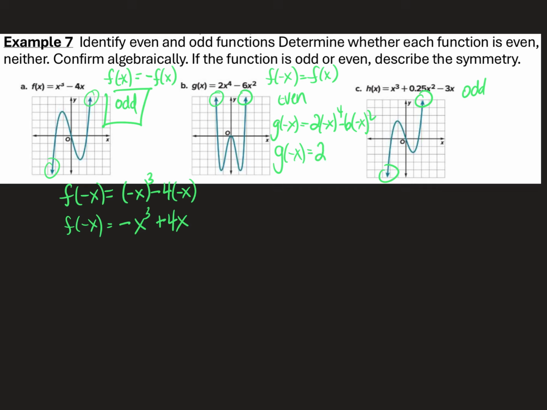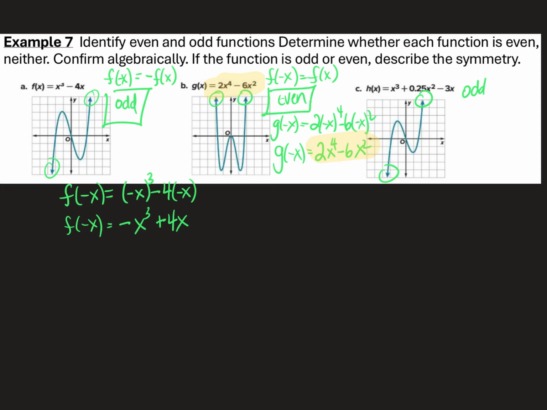A negative times a negative times a negative times a negative is a positive x to the 4th. I'm going to put minus 6. A negative times a negative, because that's negative x squared. A negative times a negative is a positive x to the 2nd. So is this, I'll highlight, I'll use yellow, is this the same as this? Yes, it is. So it is an even function.